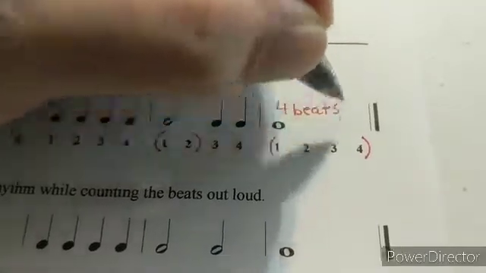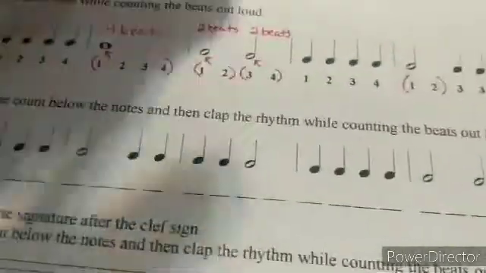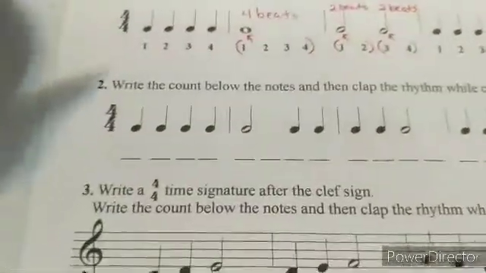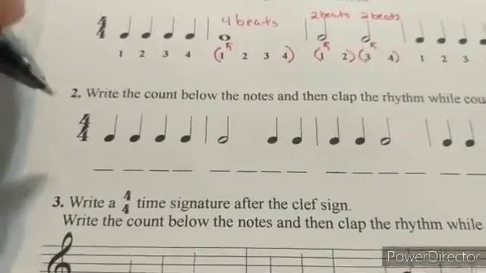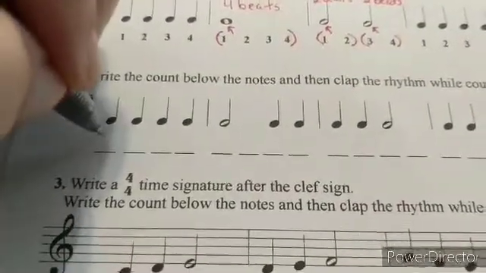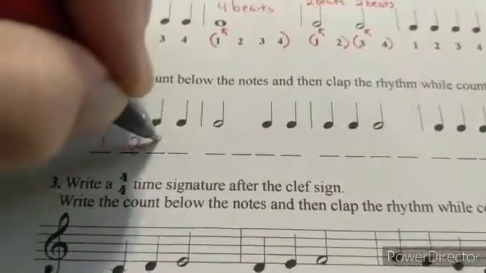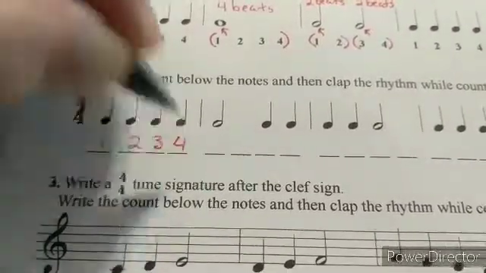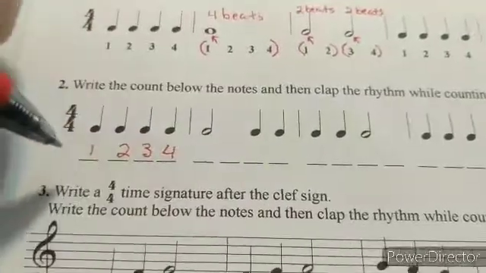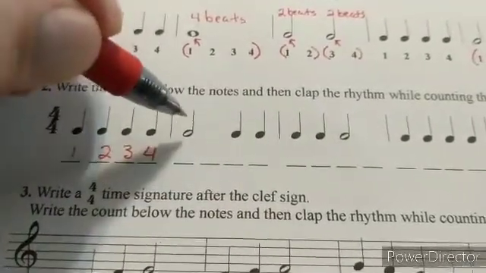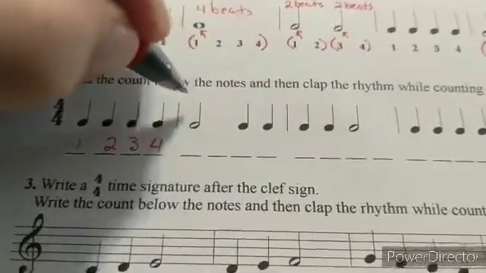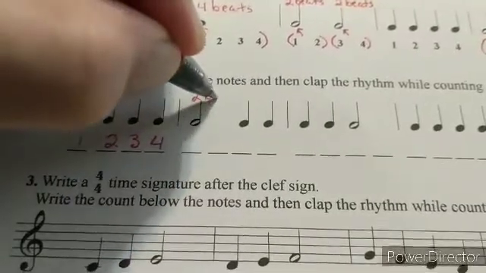So let's apply that to what we're doing down with our exercises. Okay, we're looking at these quarter notes here. We don't have to do anything fancy, just 1, 2, 3, and 4. Everything's correct. Now take a look here. We have a half note. A half note is going to have 2 beats.